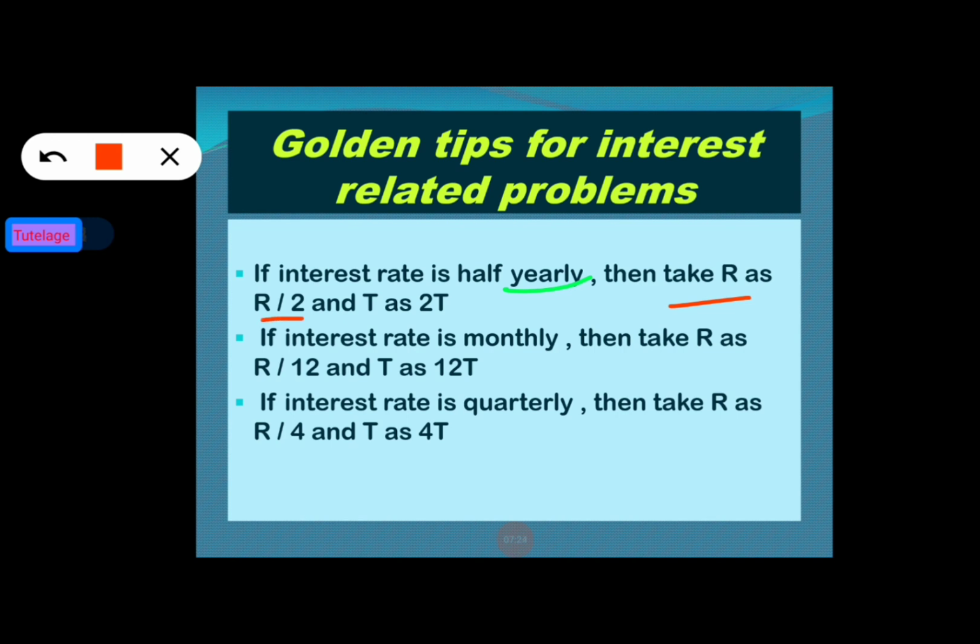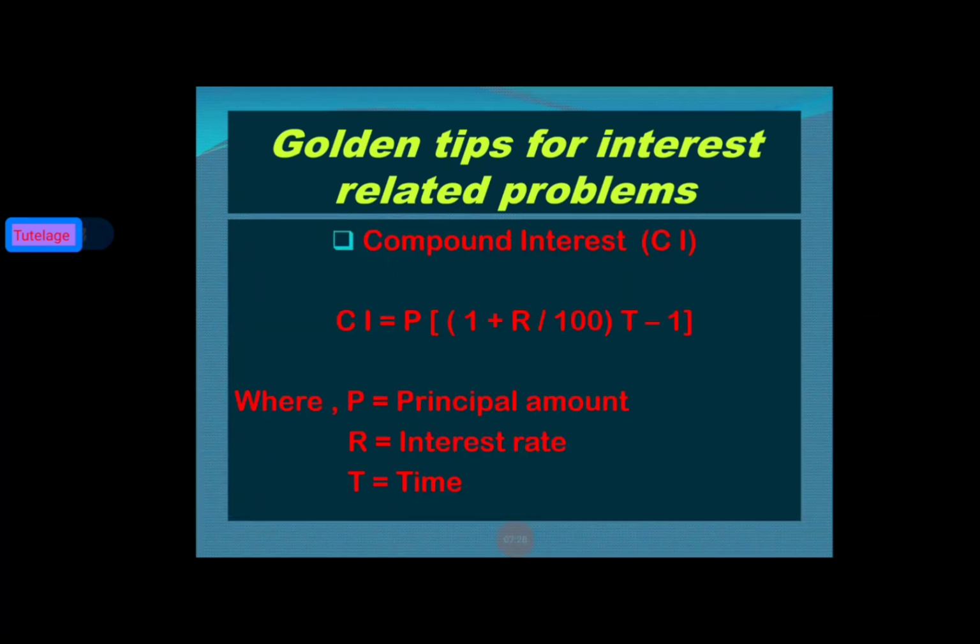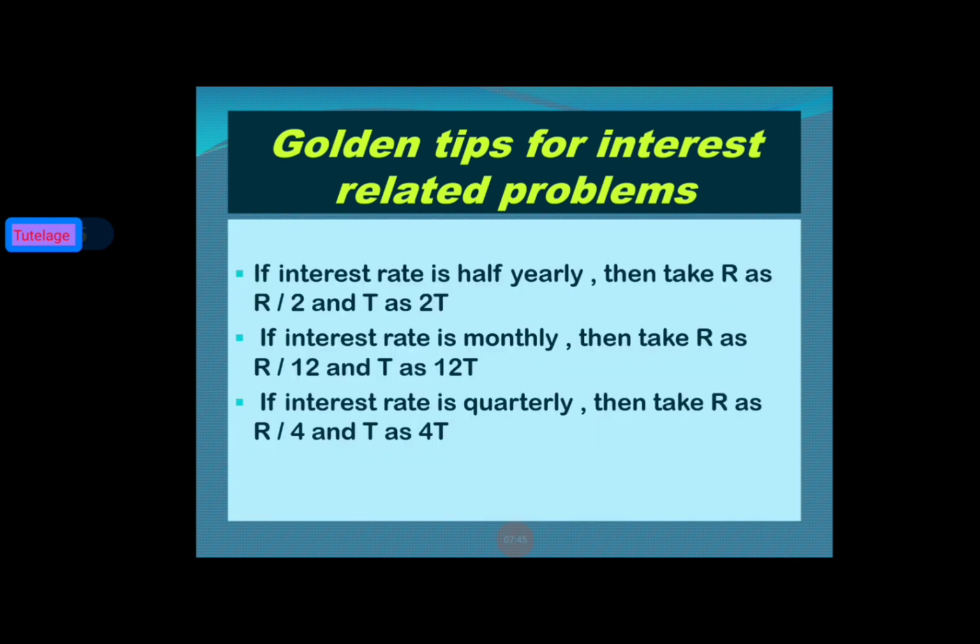Just change the formula. What is the formula of compound interest? P into (1 plus R by 100). So when you have half yearly interest, that's why we take R as R by 2 and T as 2T.